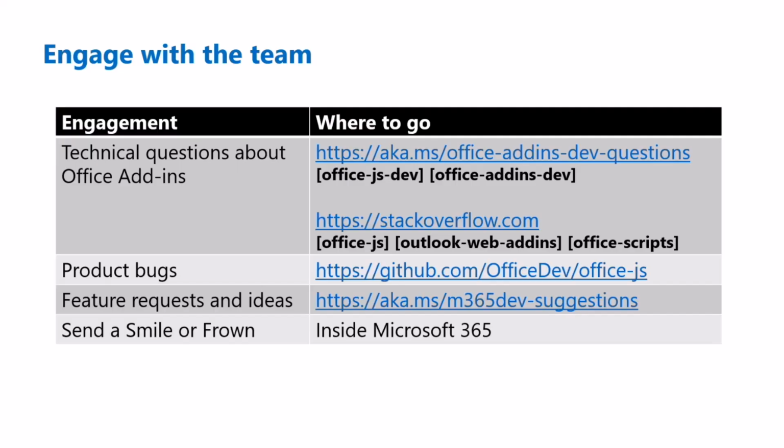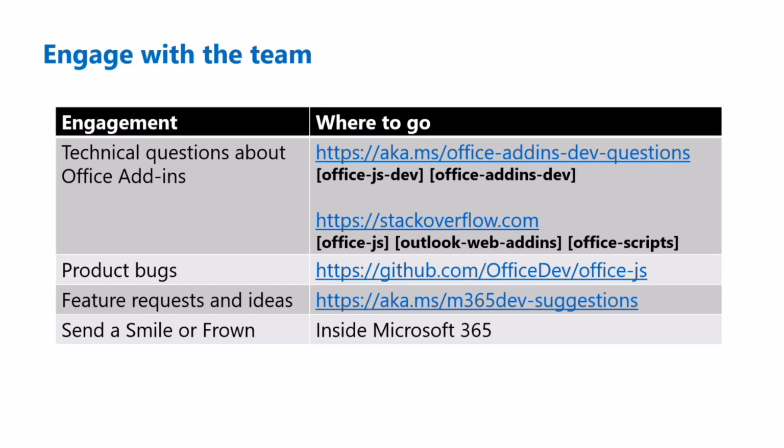Our team is always together with you. We are the product team for the Office platform. If you want to connect with us, you can join this monthly community call. Besides that, you can submit your technical questions about Office add-ins through GitHub. We also have the Stack Overflow link for you to ask questions.